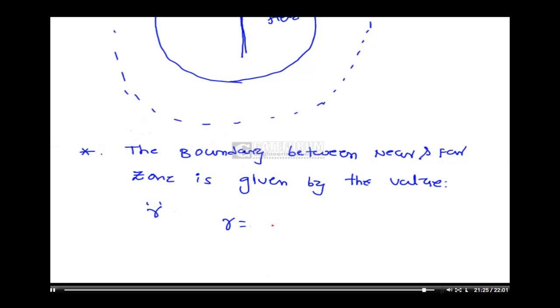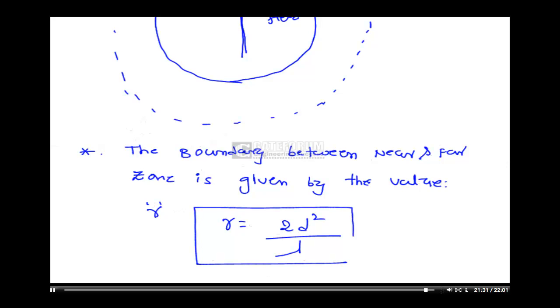R is equal to 2d square by lambda, which is a very important formula, where d is the largest dimension of the antenna.